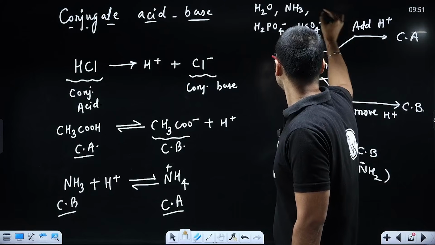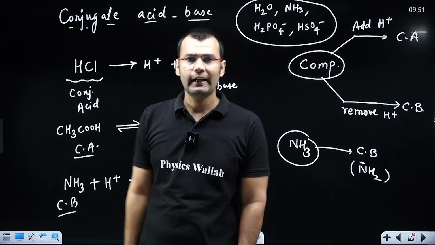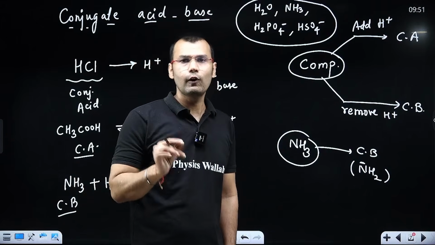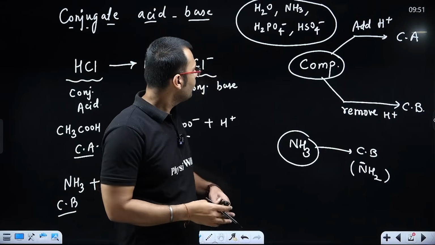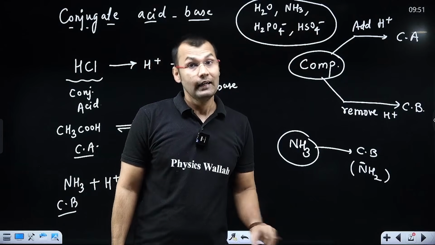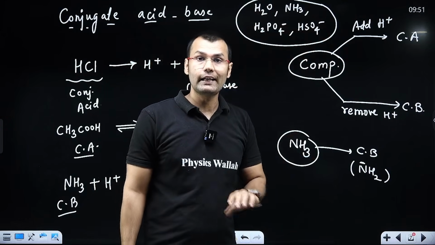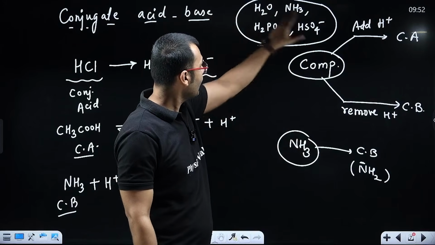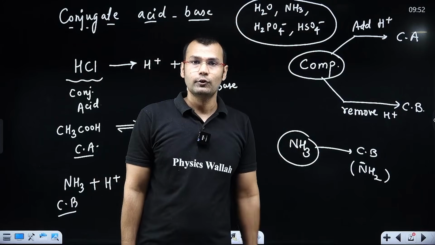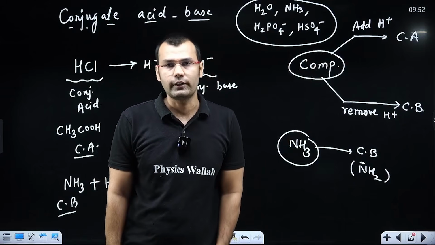If you notice, all these species have either a negative charge or a lone pair on the central atom. So all of these can accept H plus and behave like a Bronsted base. At the same time, they also have polar hydrogen, so they can also donate H plus ion. That means they can also behave like a Bronsted acid. So these compounds are called amphoteric according to Bronsted.